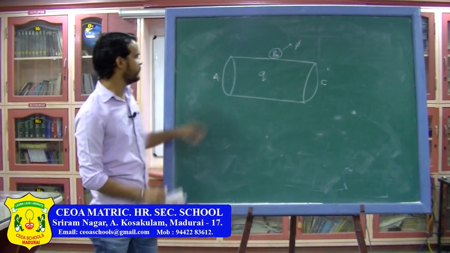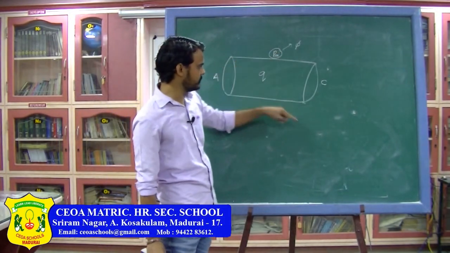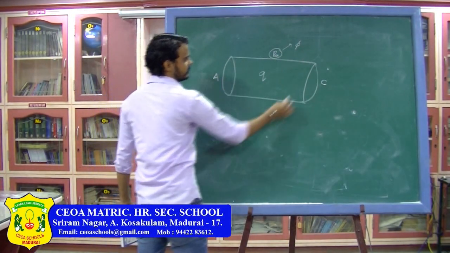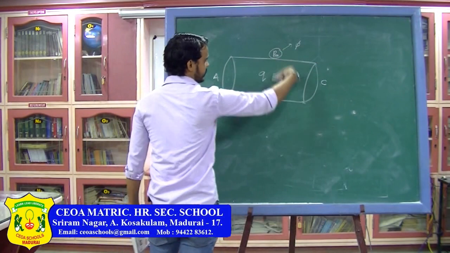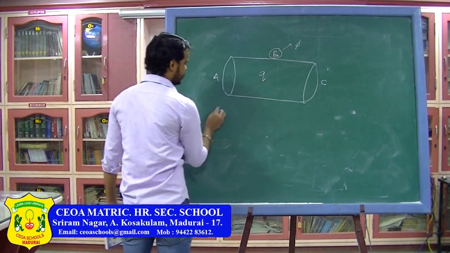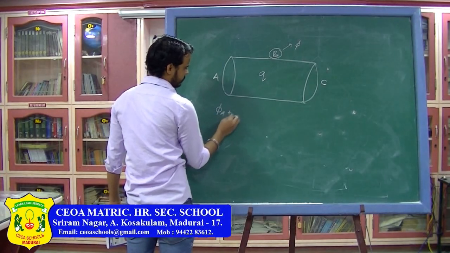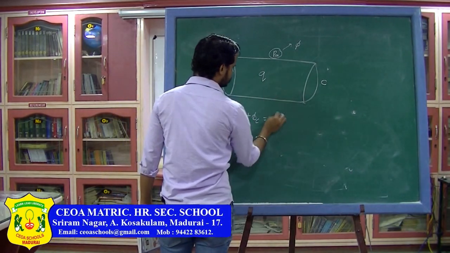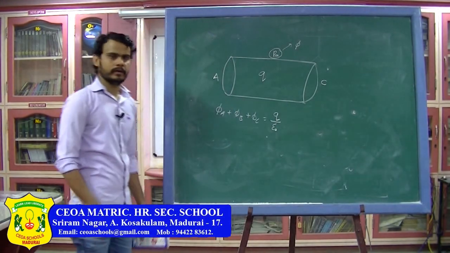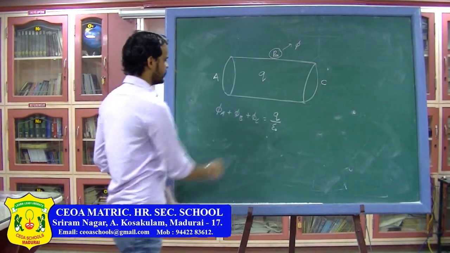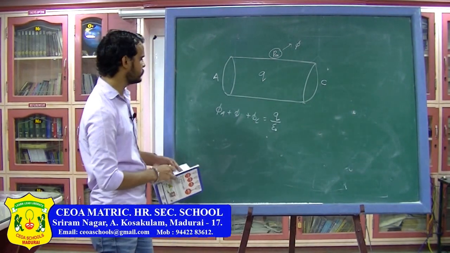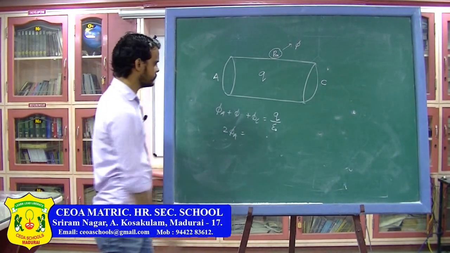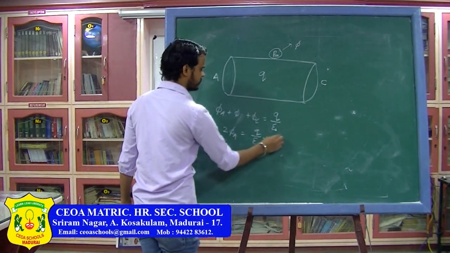Now as you can see, some flux will pass through here, some flux will pass through surface B, and some flux will pass through surface C. But the flux through this surface and this surface will be equal, and I need to find the flux through this one, while the flux through B is given as phi. So I can write flux through A plus flux through B plus flux through C is equal to total flux, which is equal to Q divided by epsilon naught. From here, flux through B is phi, and flux through A and C is equal, so I can write 2 into phi A, which is equal to q divided by epsilon naught minus phi.